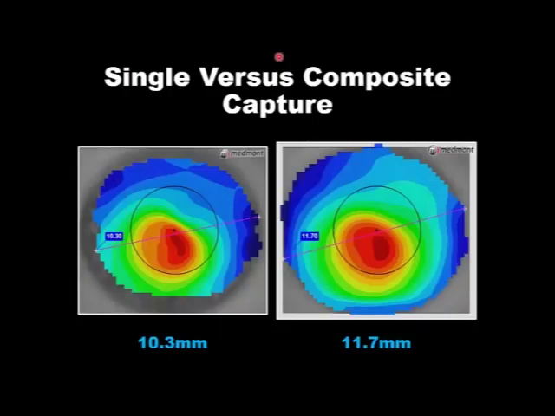So the Medmont provides one of the largest capture areas possible on the cornea, and that's because it can use that composite eye feature to merge multiple images together. Now, when you consider you might be fitting this patient with an 11 millimeter contact lens with a scleral lens, it's very important to have this peripheral corneal information.